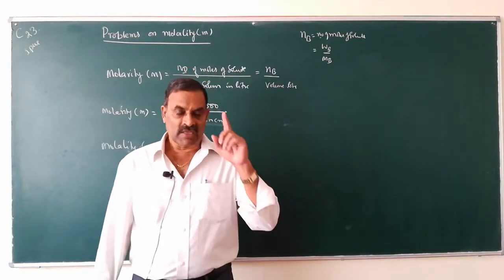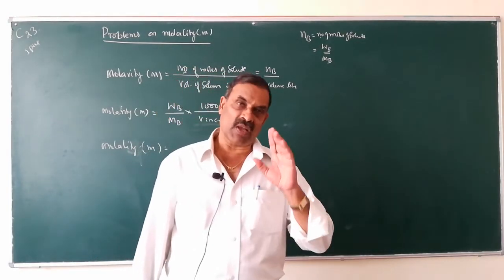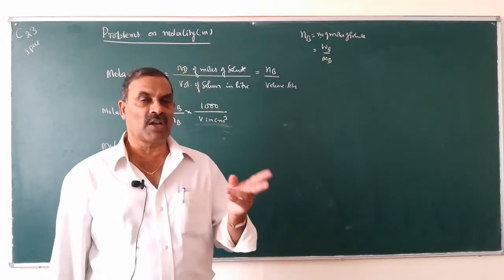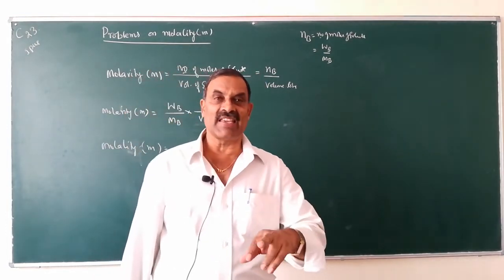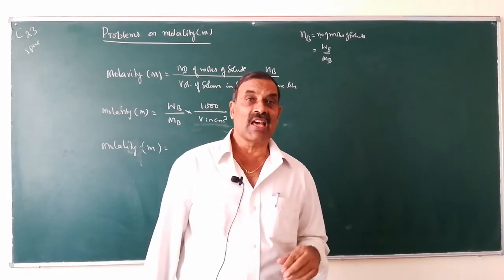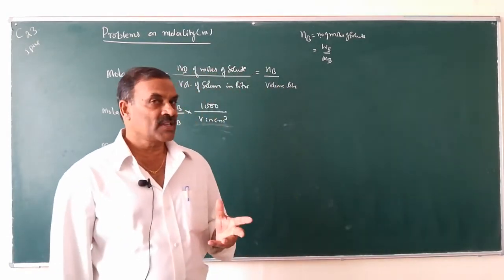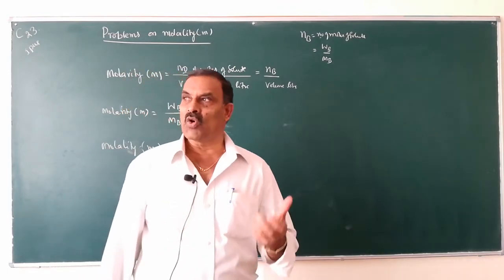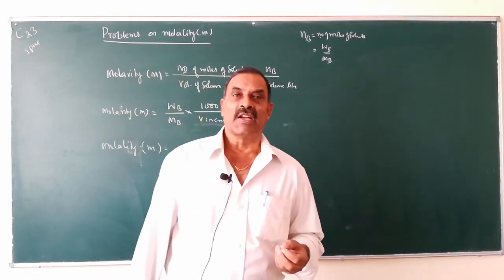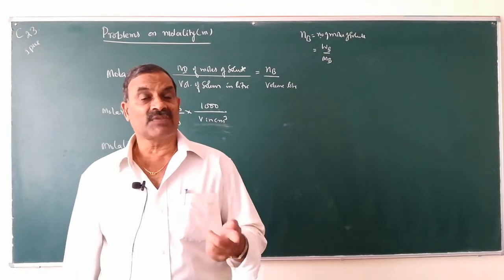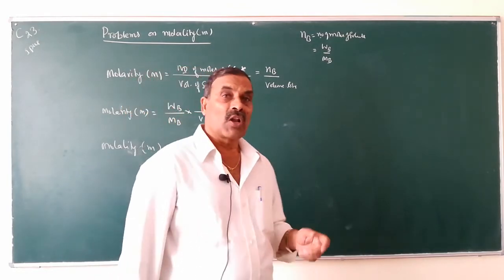So here solvent should be equal to 1 kg. If you add 1 mole of solute to 1 kg of the solvent, then the molality of the solution is 1 molal. So what is molality? Number of moles of solute dissolved in 1 kg of the solvent is called molality.